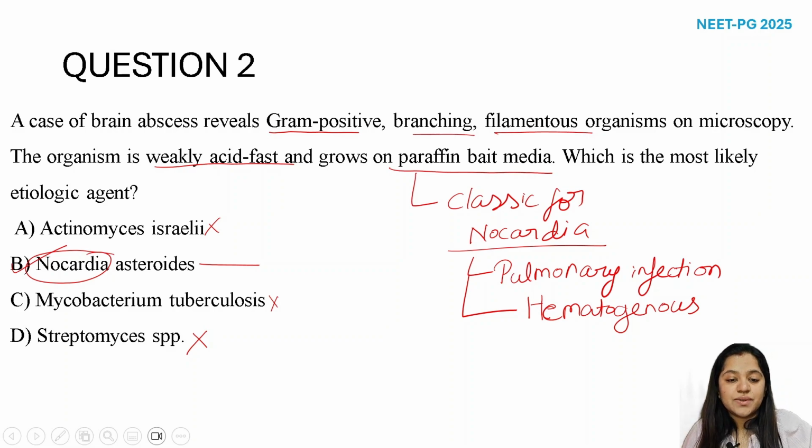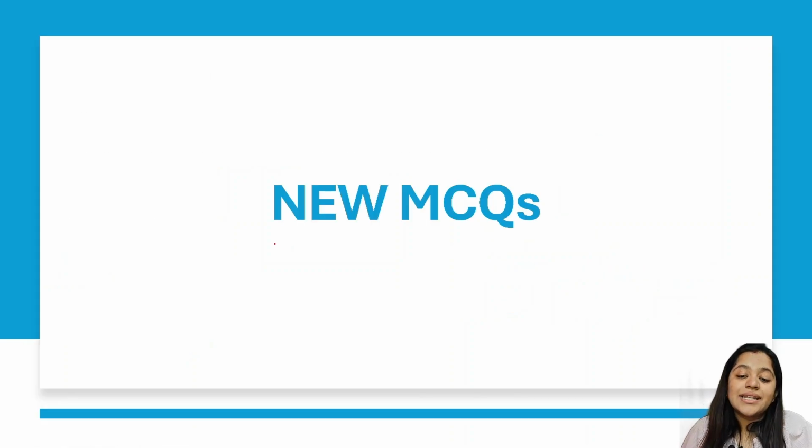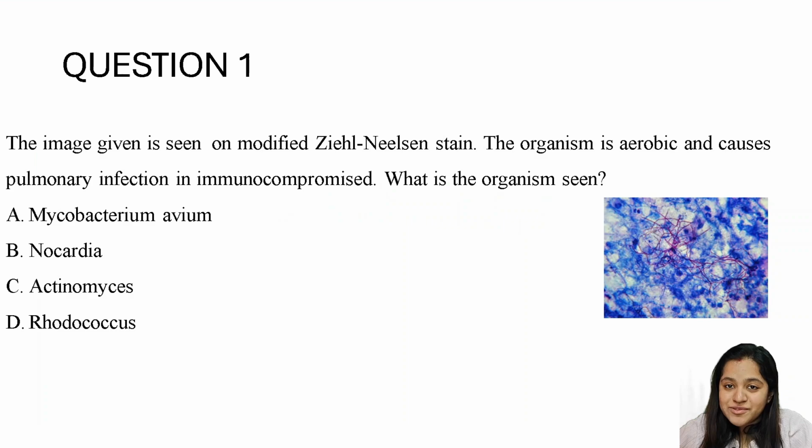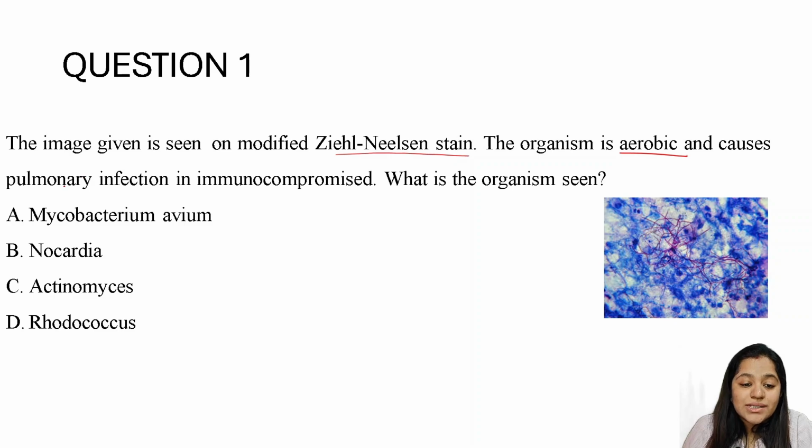Now let's move ahead. The new MCQs which have been predicted and which can come with traps. What traps am I talking about? See this question. The image is given of a modified ZN stain. The organism is aerobic and causes pulmonary infection in an immunocompromised patient. What is the organism?